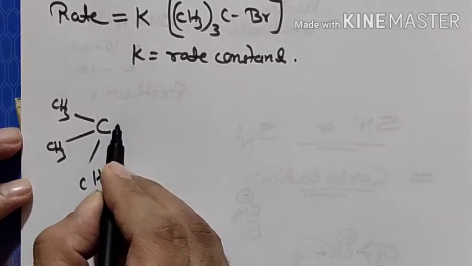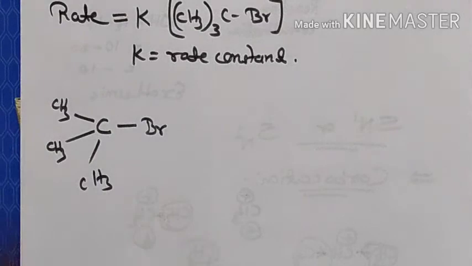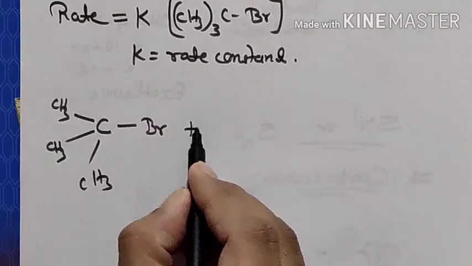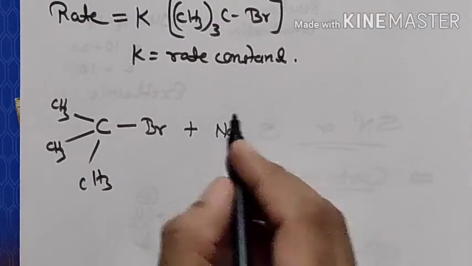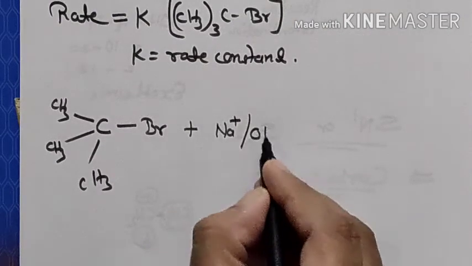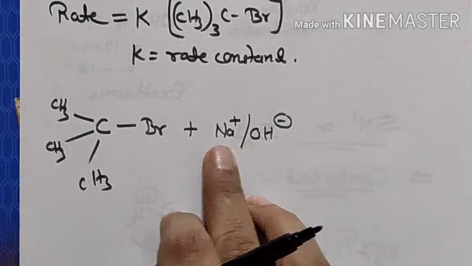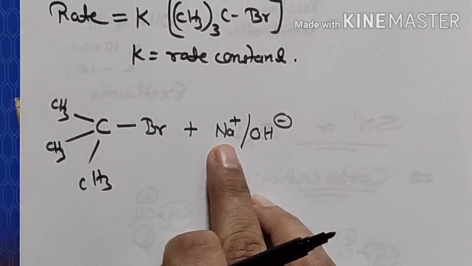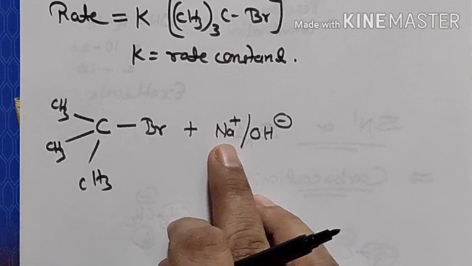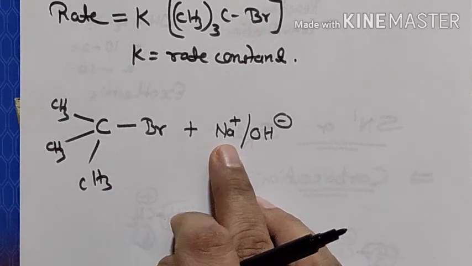Now student, when it reacts with NaOH, actually NaOH when put into water will become Na plus and OH minus. The life of Na plus is in peace. It is not going to do anything, because after losing one electron it has acquired its octet, so it has become stable.